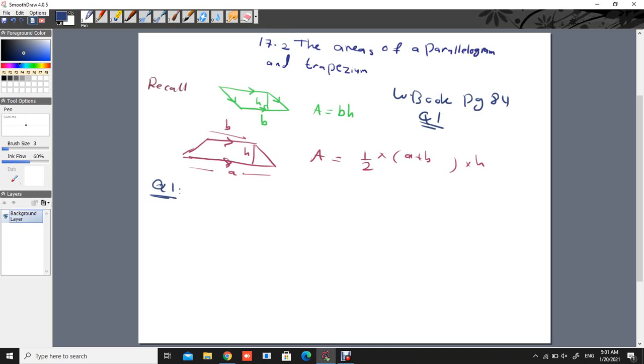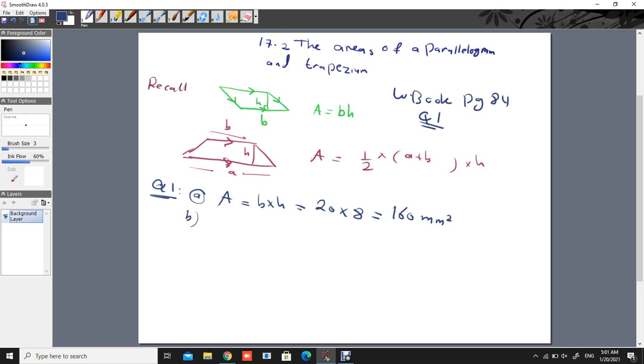Now for the first one, A, this is a parallelogram, so area equals base times height. Here the base is 20, the height is 8, 20 times 8, which is 160 millimeter squared. Remember to include the units in your answer, millimeter squared.